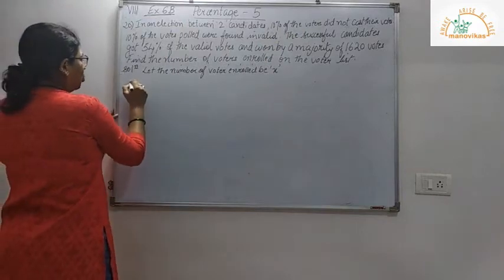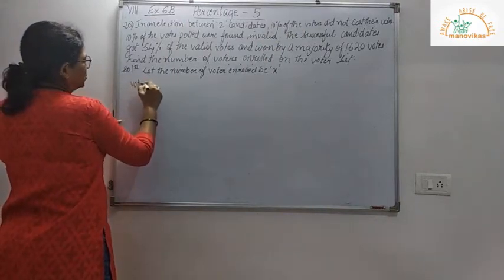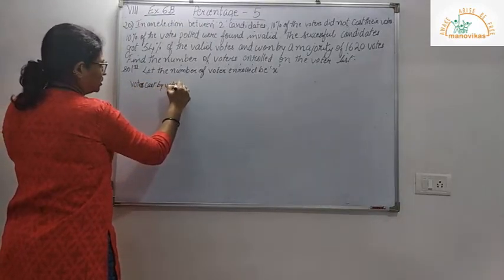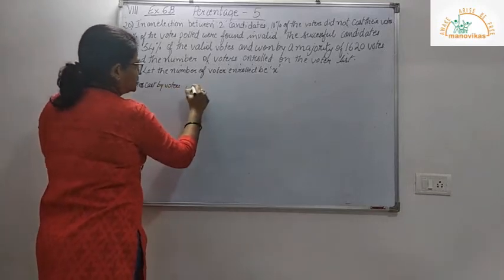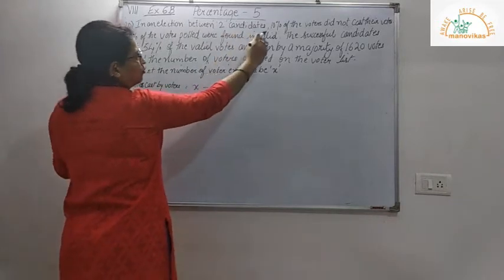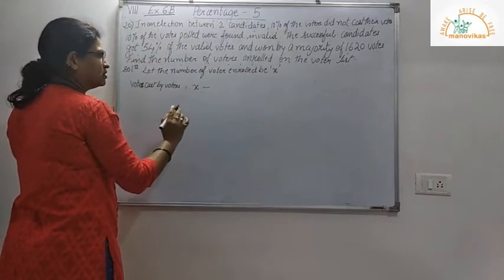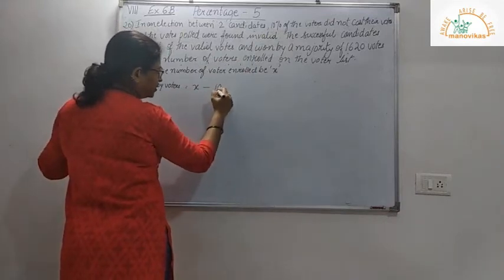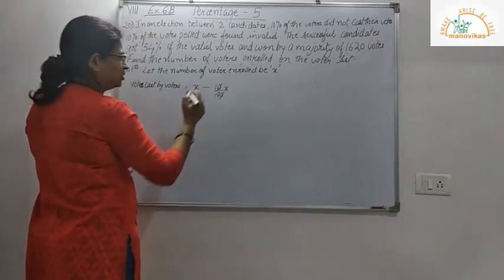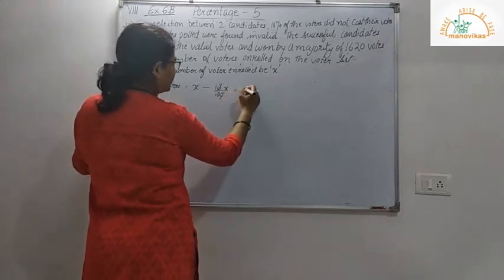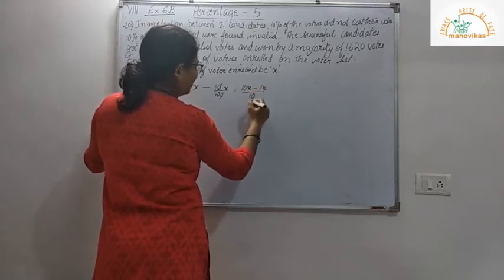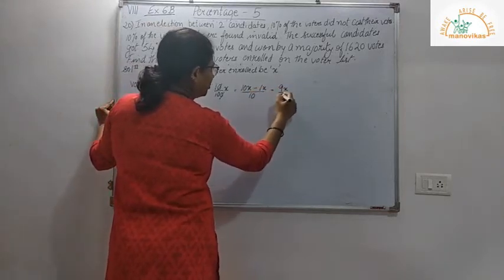So the votes cast by voters is X minus 10% of X, the total out of which 10% did not cast the votes. So here I can cancel out. I get this as 10x minus 1x upon 10, which is equal to 9x upon 10.